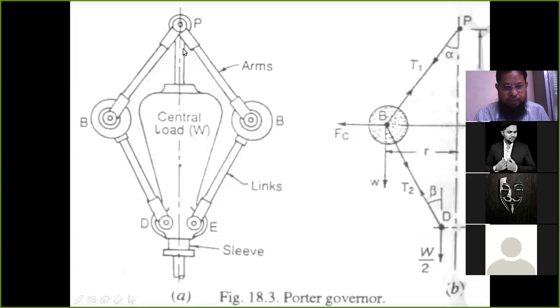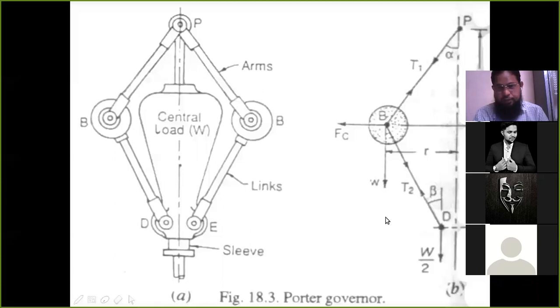You notice the arms are pivoted on the spindle axis, whereas the links may be pivoted on the spindle axis or may be pivoted offset from spindle axis. This is the central load. We call it dead load, dead weight, or central load capital W. Okay, this is acting on the sleeve.